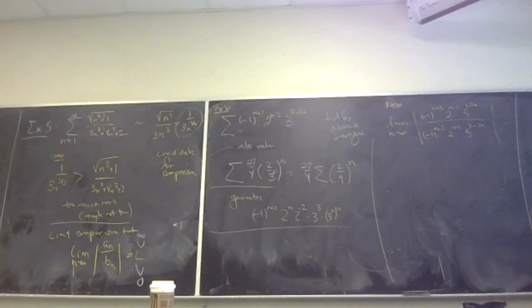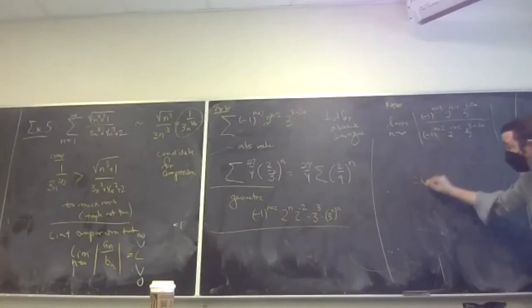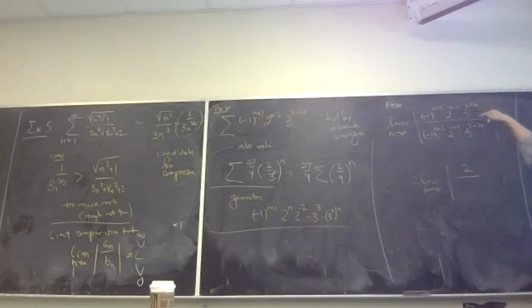You just subtract exponents. Doesn't look like simple algebra, but it is, right? Minus ones don't count because you're in absolute value. 2 to the n minus 1 over 2 to the n minus 2 is just 2. If I take 3 to the 1 minus 2n, I subtract 3 to the 3 minus 2n from it, I end up with 3 squared.